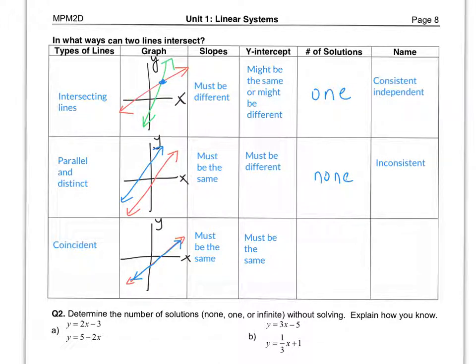This has an infinite number of solutions. And the fancy name for this one is a consistent dependent system.